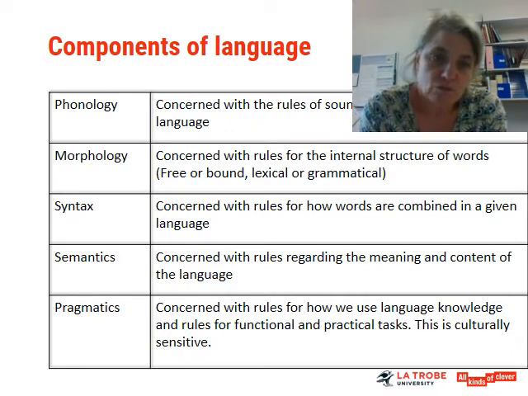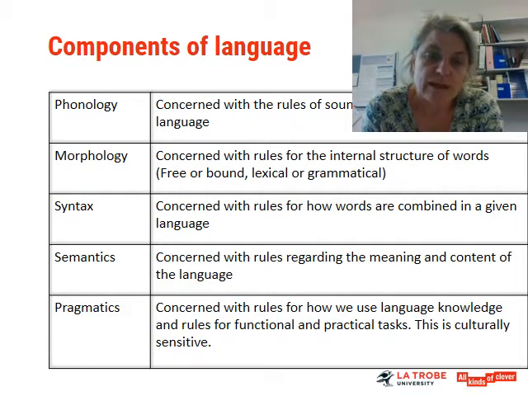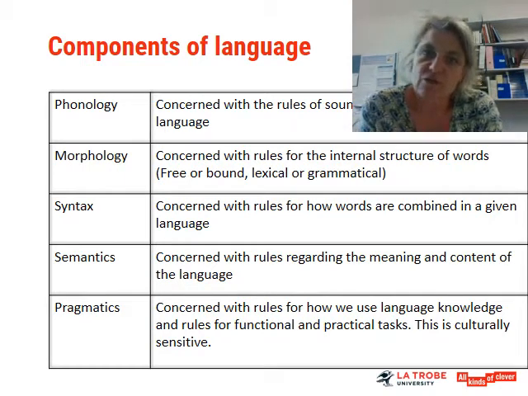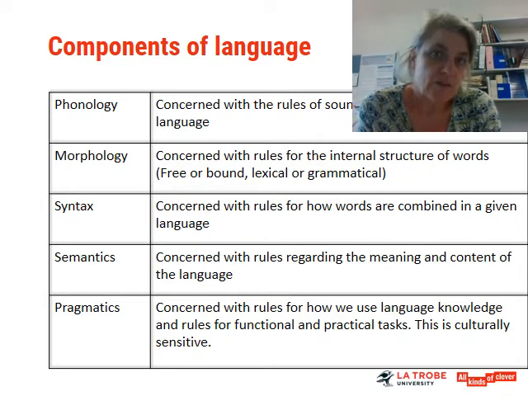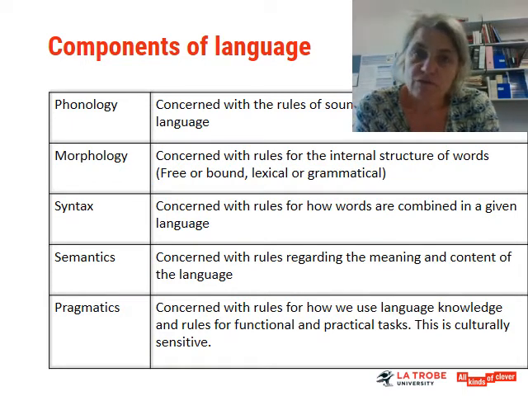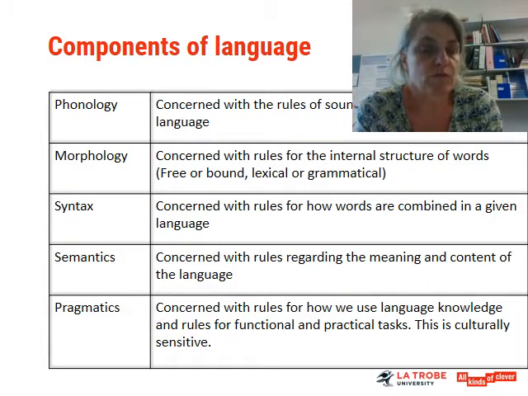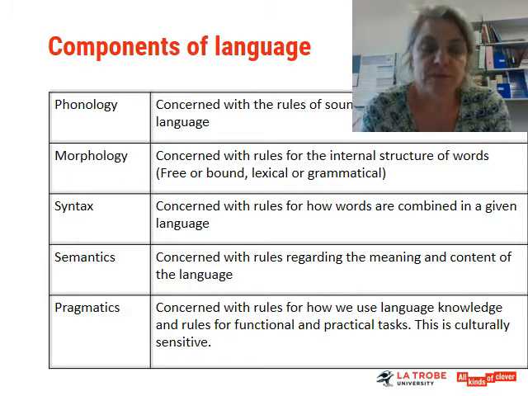Pragmatics is the final rule of language, and that's about knowing how to use language in different contexts. For example, the kinds of words you'd use and how you'd communicate with your friends is probably very different, hopefully, from how you might communicate with someone that you haven't met before, who you're hoping will employ you for some work.